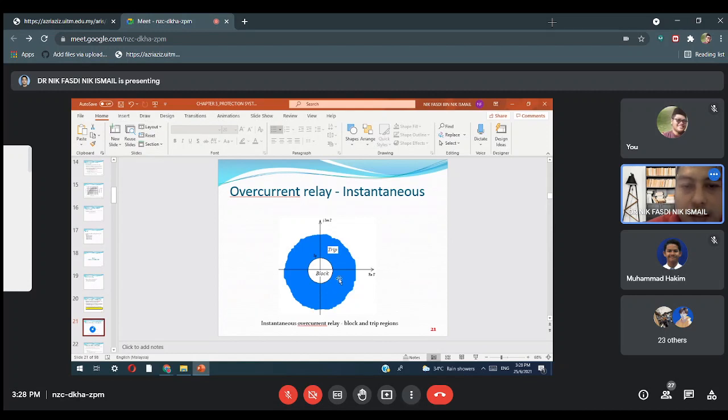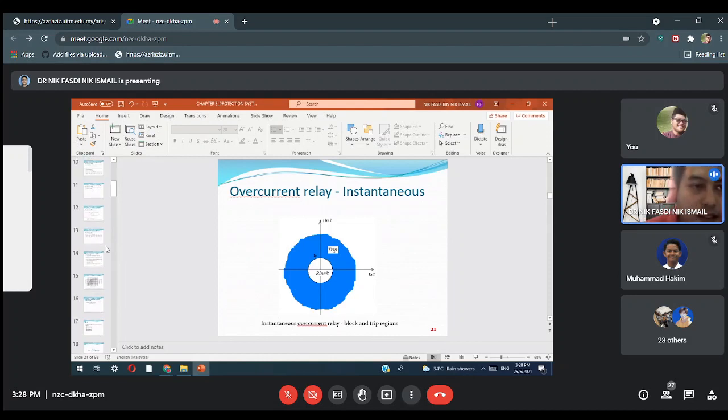Whenever the I secondary, I prime, is greater than IP, the pickup current, it will trip here. Whenever I prime is less than IP, it will be in the block region. So the relay does not trip. The overcurrent relay will not operate because the pickup current is greater than the I prime, the secondary relay current.